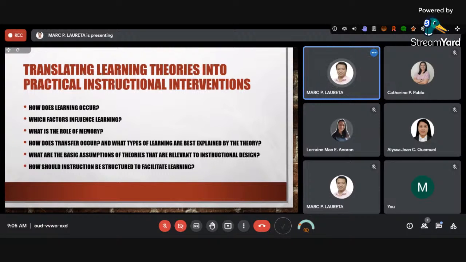Then finally, how should instruction be structured to facilitate learning? This is a short list of the guiding questions we can ask ourselves in order to situate learning theories into instructional design context. Okay.